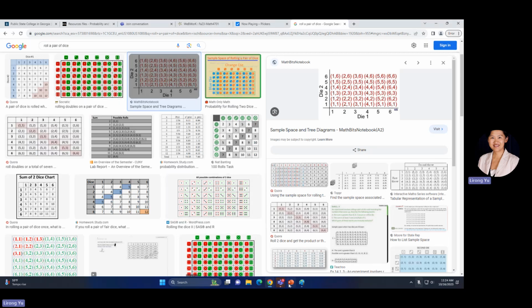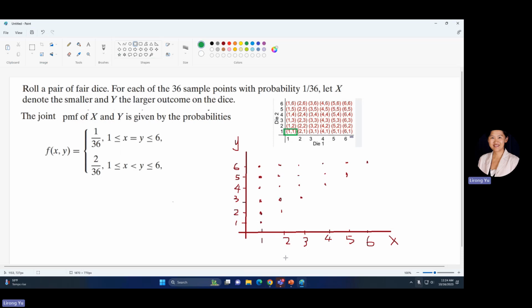Anyway, so this one has a probability of 1 over 36. There's only one, right? And then how many 2, 2? How many 4, 4, 3, 3, 5, 5? There's only one, right? All the ones on the diagonal are all 1 over 36 probability.